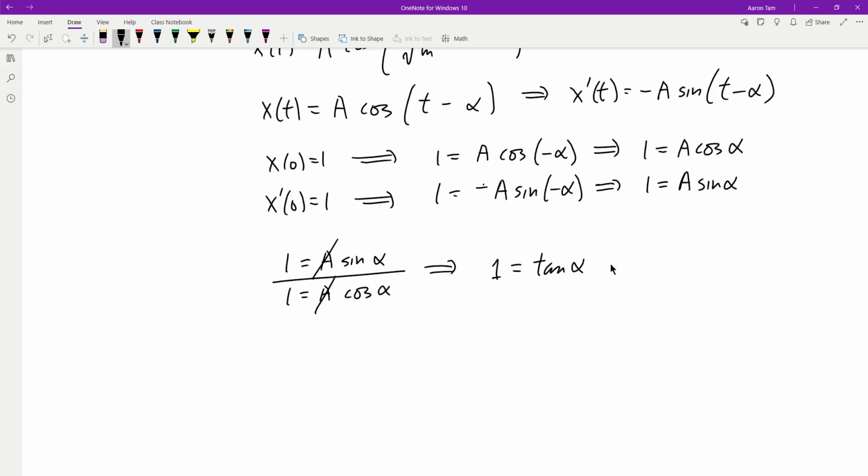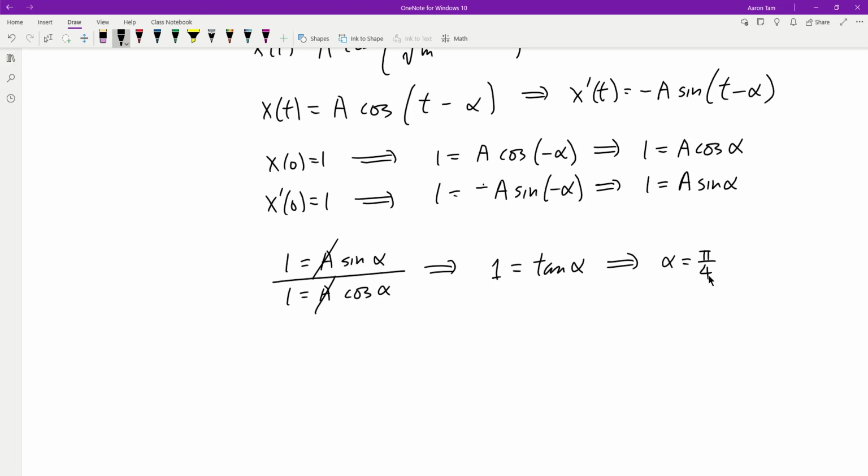And we automatically know that the angle that gives you a tangent of 1 is pi over 4. Technically speaking, there's another angle, but the other angle is in the third quadrant, which is more than 180 degrees, so we're probably not going to consider that angle.